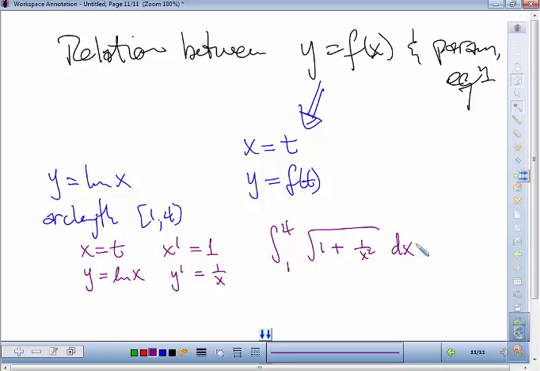So if you remember, if this is in fact your formula, then our x prime is always going to be 1, and our y prime is going to be the derivative.